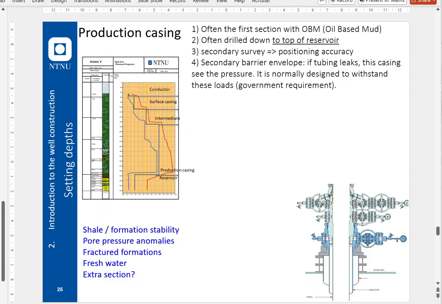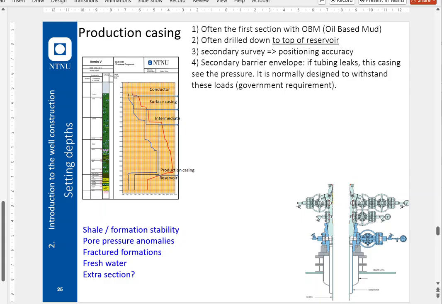The only difference in a way between the tubing and the production casing will be the corrosion resistance. So you select a different material for the string that is supposed to be exposed to flowing reservoir fluids.